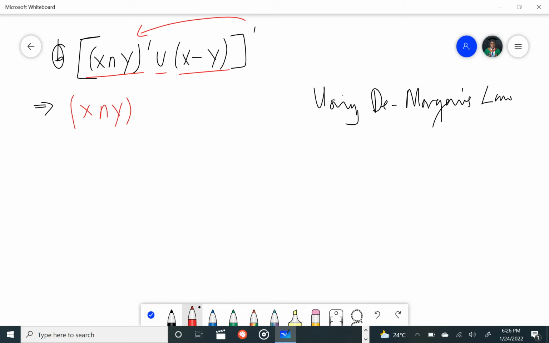Then this union changes to intersection, isn't it? That's since De Morgan's law, if you recall, is if you're having something like this and then you distribute it, it's going to be like that, right? So that's really how De Morgan's law works.